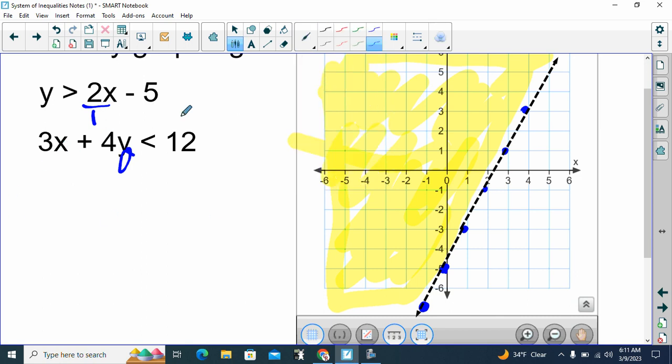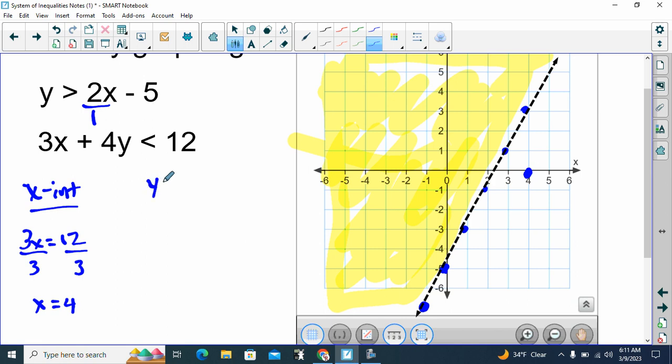The second one is in standard form. You can either change it to slope-intercept form or find the x and the y-intercepts. I'm going to find the x-intercept and the y-intercept. For the x-intercept, I put in 0 for y, and it says 3x equals 12. Solve for x, and I get x equals 4. My x-intercept is 4.